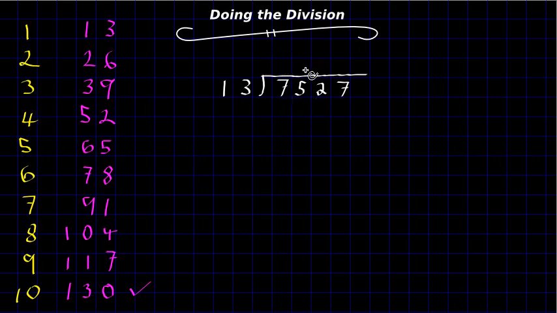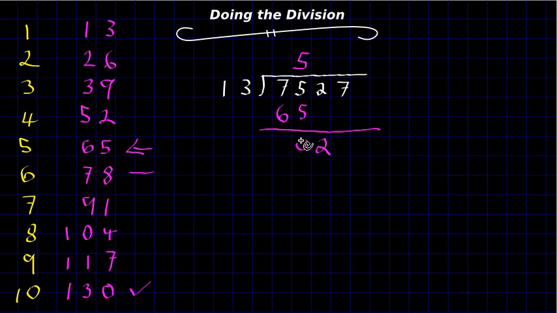So let's move on to the next digit here and see what we can subtract, considering these digits 2 at a time. Well, 78 would be too big, but 65 is not too big, so we got to put a 5 here as part of the answer. 5 times 13 is 65, and we line that up like that. That's short for 6,500, but we don't need to write the zeros. We can just do the subtraction, bring down the 2.